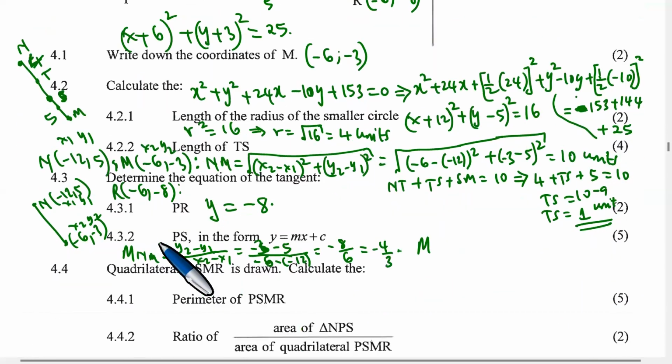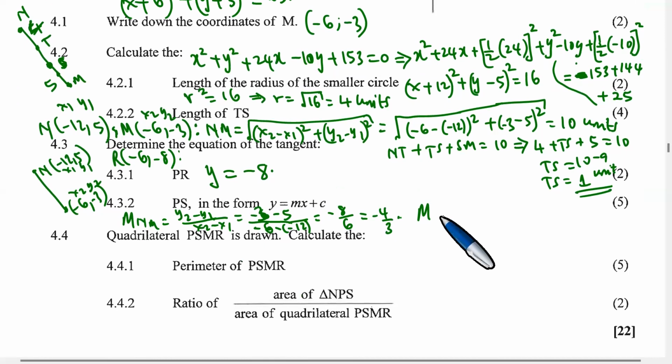So the gradient of the tangent, because it's perpendicular, you reciprocate it, so it becomes 3 over 4, and you change the sign, so the minus becomes a plus.